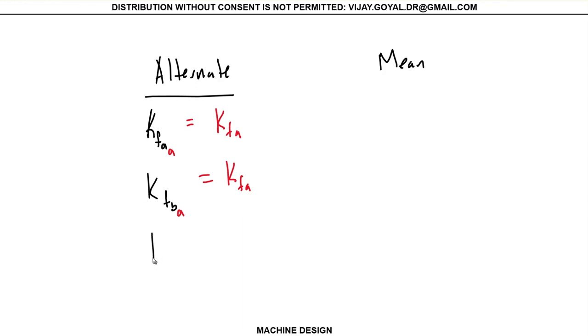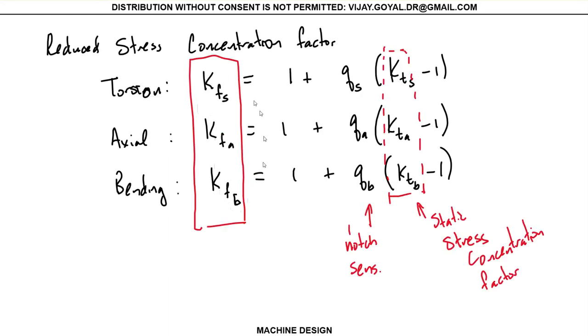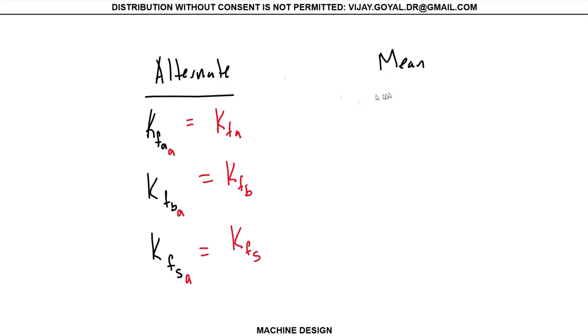And then KFS, and this is alternate. So this is B, and this is S. This is what you will get from the tables and from these equations. Now, how you work with mean is a little bit different.